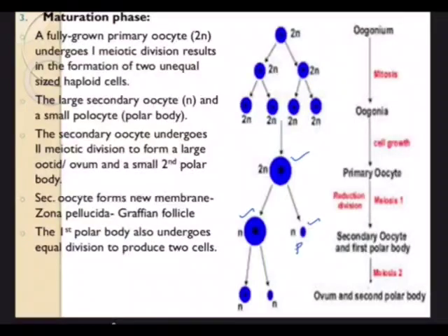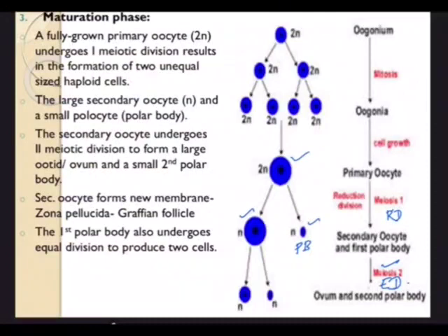The larger secondary oocyte undergoes meiosis 2. I told you meiosis 1 is reduction division, RD. Meiosis 2 is ED, extra division or equal division. This meiosis 2, which is equal division, will form the same number of chromosomes. Look at that, haploid, haploid, haploid.